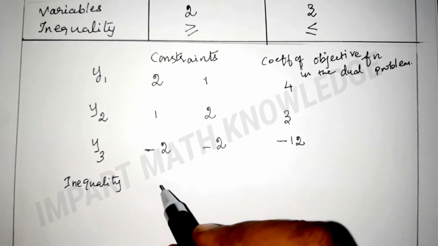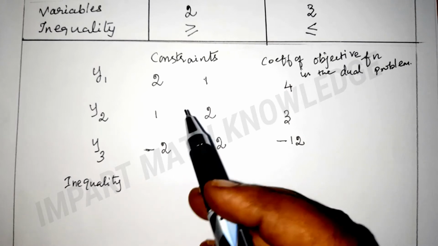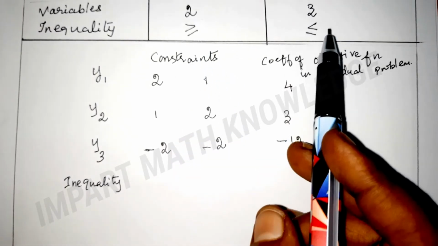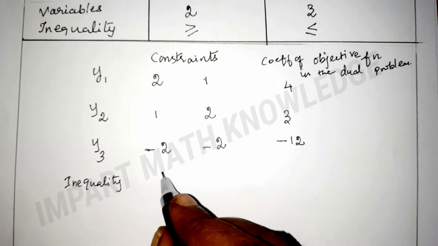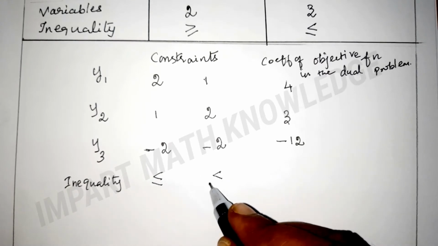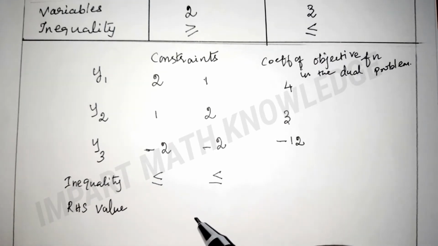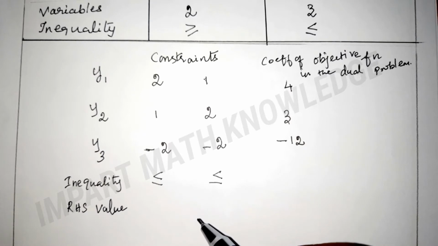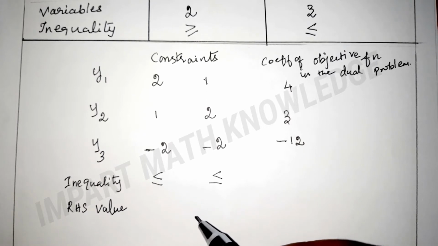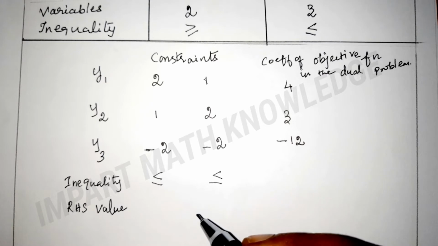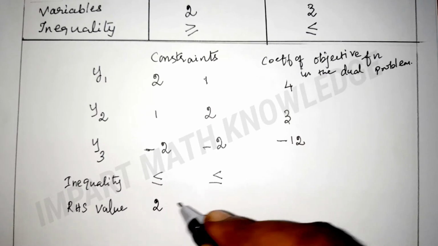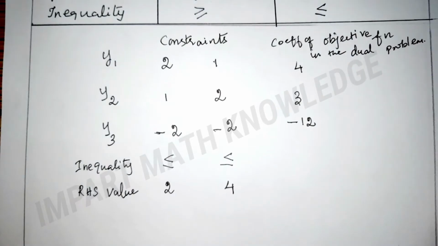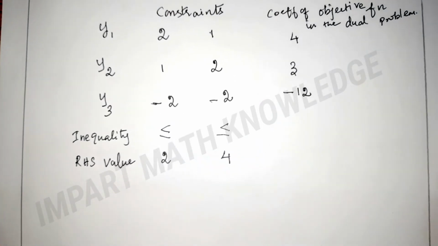Now the inequality in the primal problem is greater than or equal to. So in the dual problem, the inequality is the less than or equal to symbol. The right hand side values of the constraints are nothing but the coefficients of the objective function in the primal problem, that is 2 and 4.